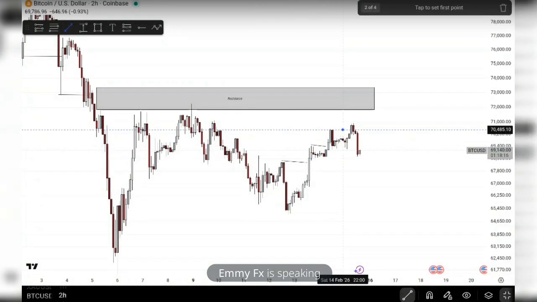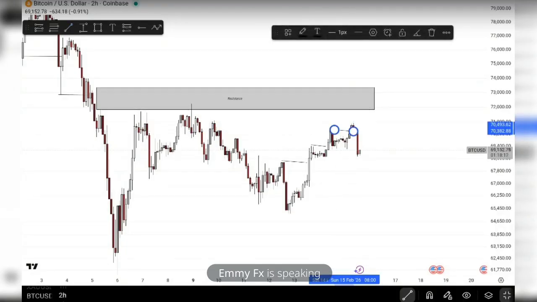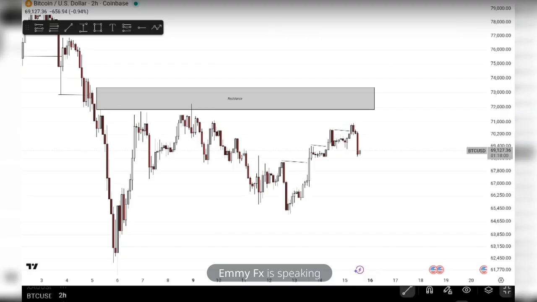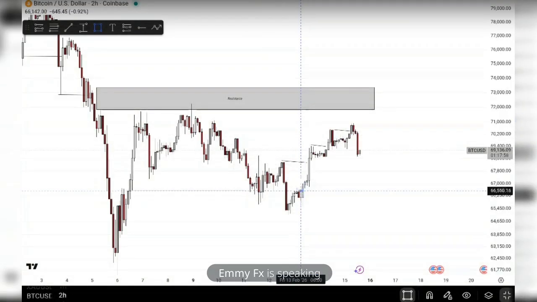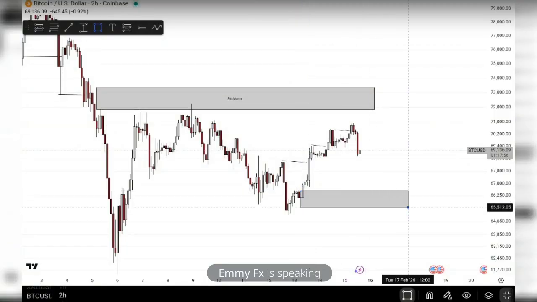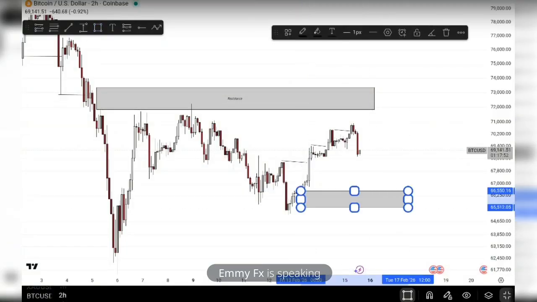Looking for a buy here is very risky, I'm not going to lie, because we understand the order flow of the market is bearish. Once you're looking for a buy, it means you are going against the trend. I know people are placing orders here to look for a buy, but you are going against the trend. The buy is under probability, not high probability.